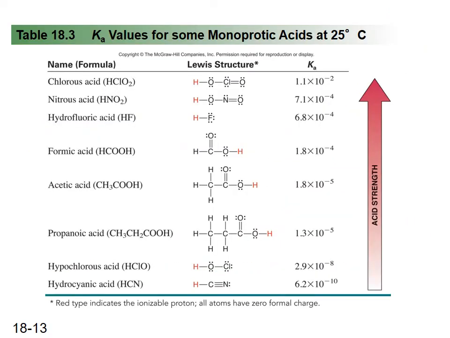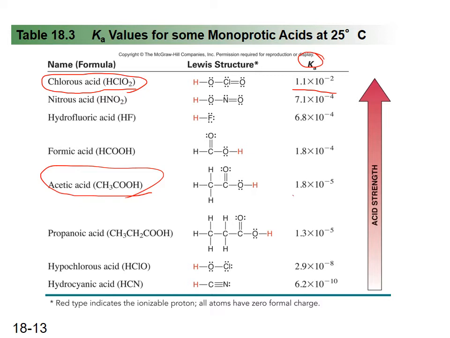This table shows Ka values for some monoprotic acids. From this table, you can say chlorous acid is a stronger acid than acetic acid. How do you know? When we look at the Ka, for chlorous acid, the Ka is 1.1 times 10 to the minus 2.